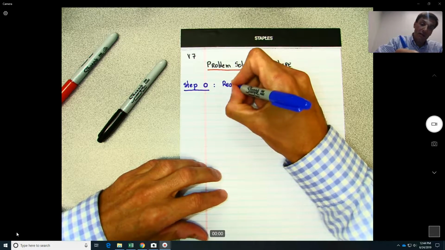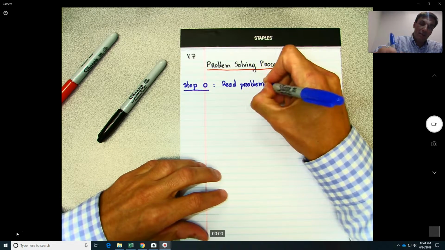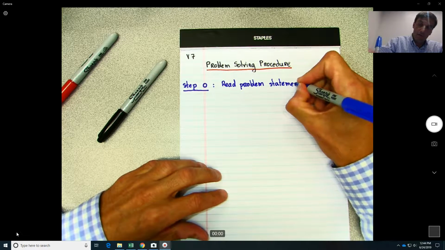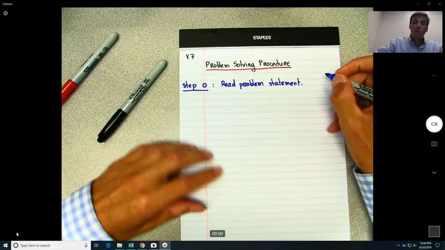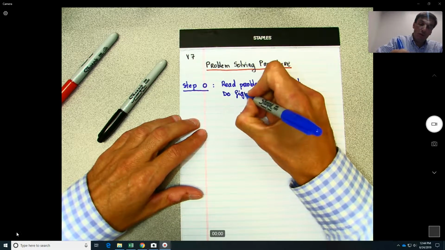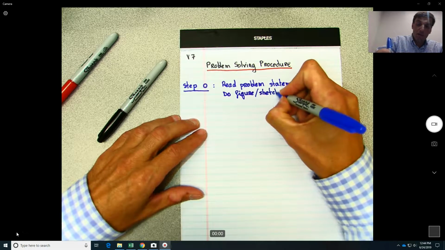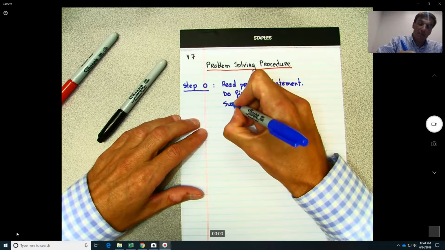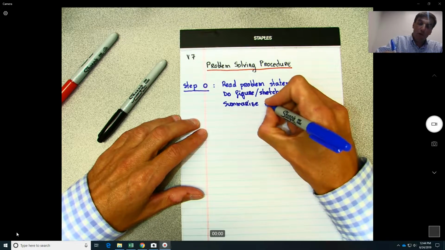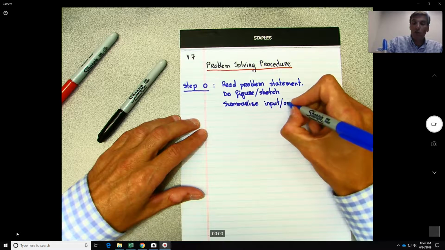Read the problem statement. Okay, as you read the problem statement, you do some type of figure or sketch that will summarize all the information or the input information, but also what you need to calculate.